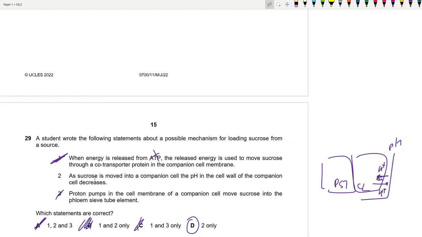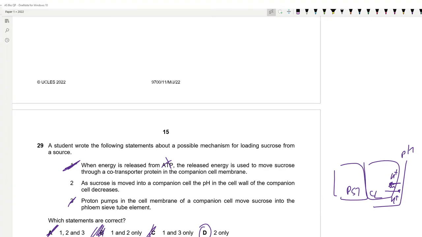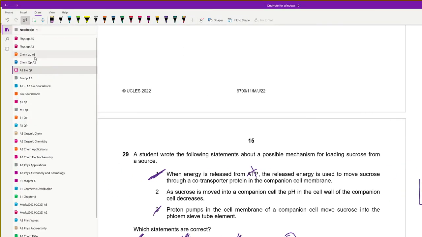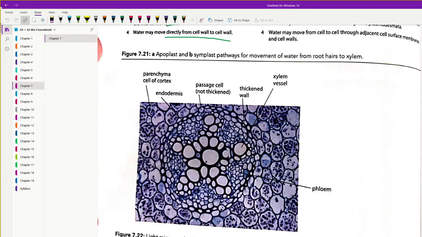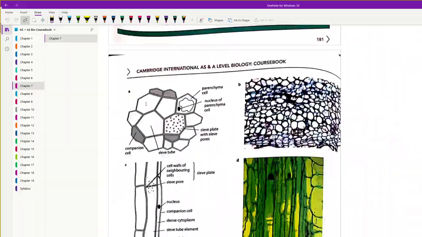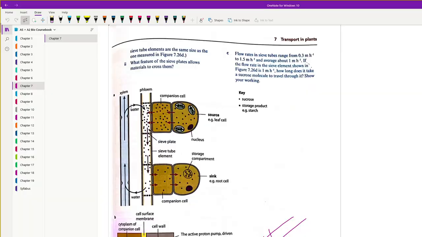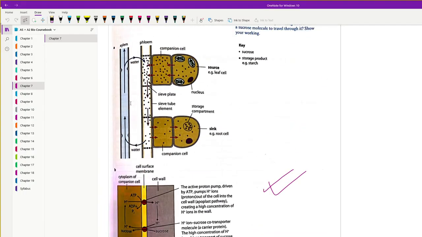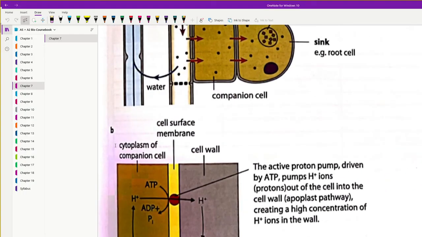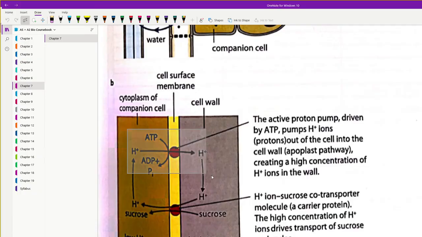So 2 is correct. But there's a slight issue. Check this. Basically, in the loading process, we pump H plus into the cell wall.